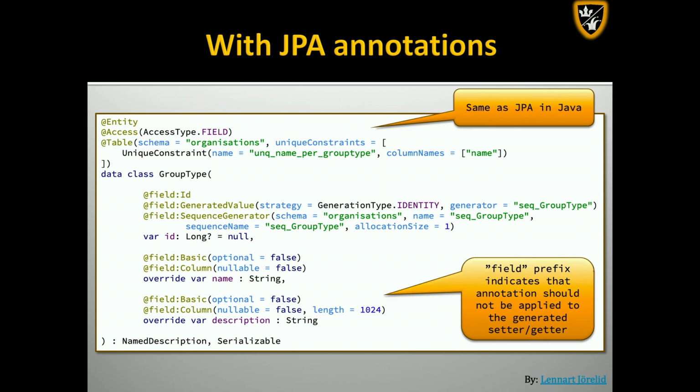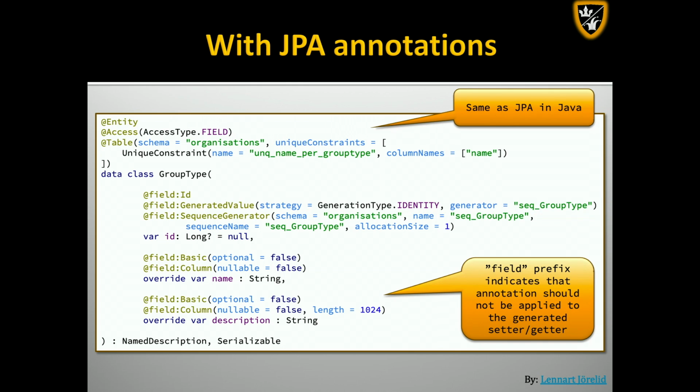But since that thing, let's take this for instance, it's a variable called ID of type long, which can be nullable and has a default value. There's a lot of information in one line. But it also is, since it's a var, it's a setter and a getter generated. So there's basically 3 places where you could put that annotation. And you have to tell the Kotlin compiler which one is it.